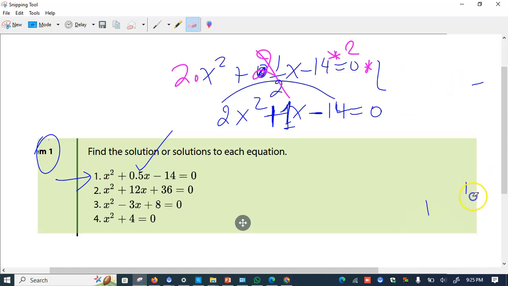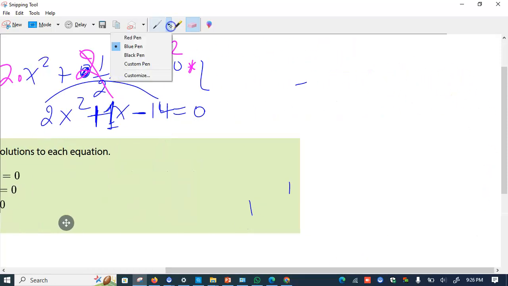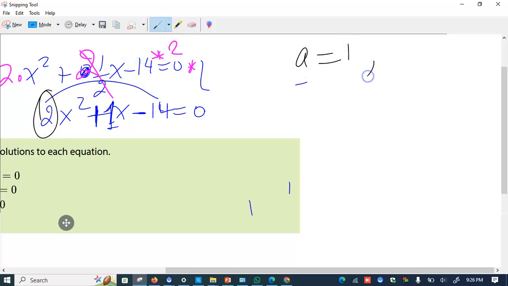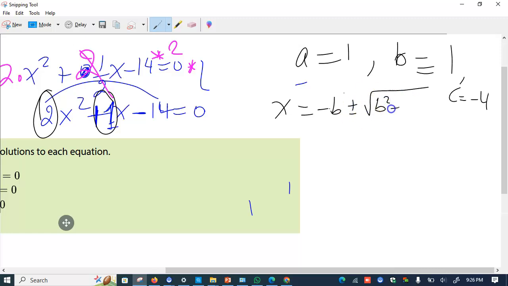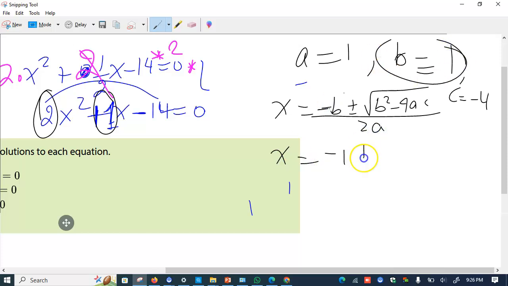So once you get this piece, then you use the formula. A is 1, B is also 1, and C is negative 14. Plug it in. B is 1, so this becomes minus 1. 1 squared minus 4 times A, which is 1, and C, which is negative 14.